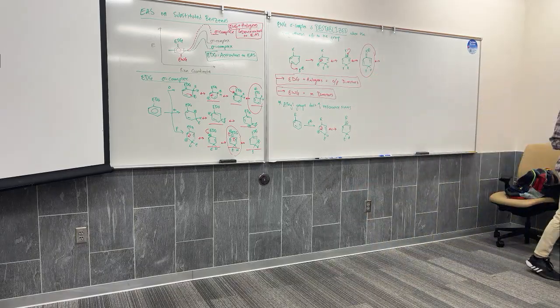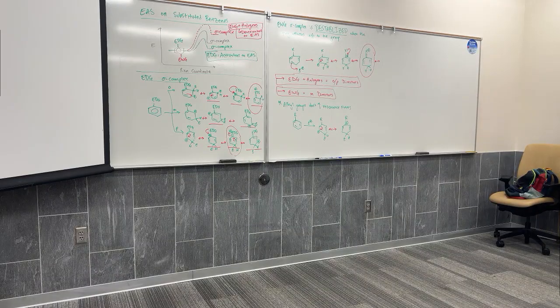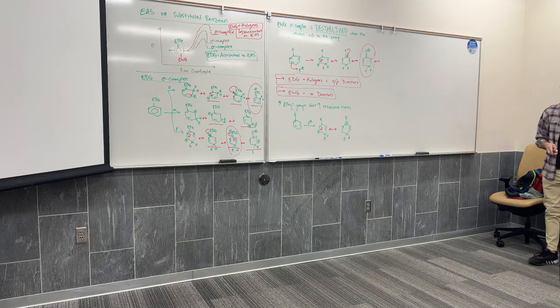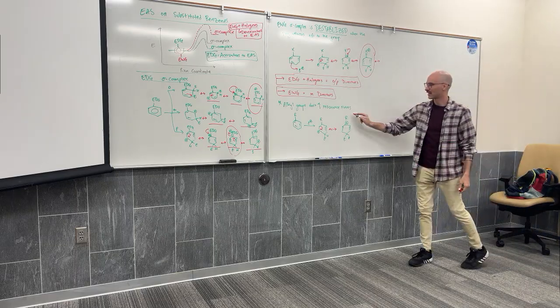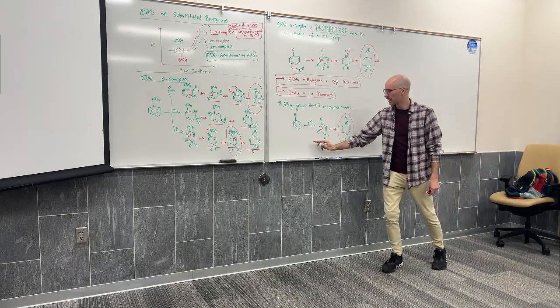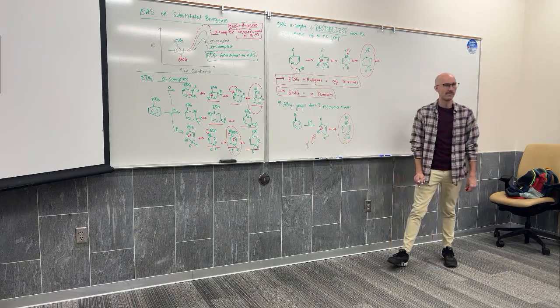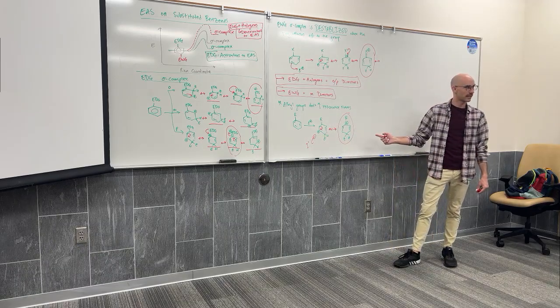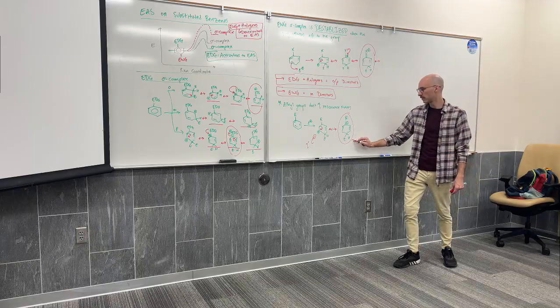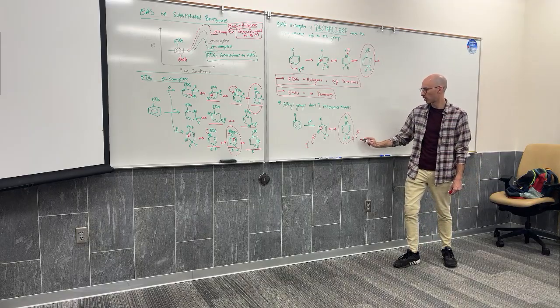Which of these two resonance forms is a more major contributor to the sigma complex? Why? So it's more stable because it's on the tertiary. Exactly. Here's a secondary carbocation. And here's a tertiary carbocation.